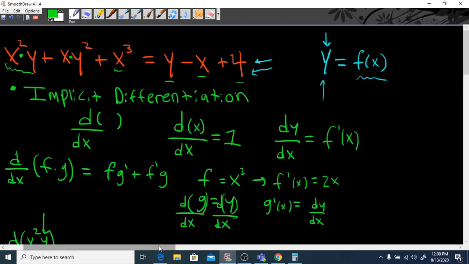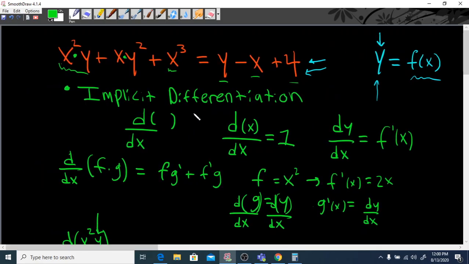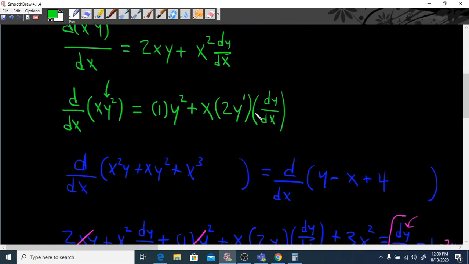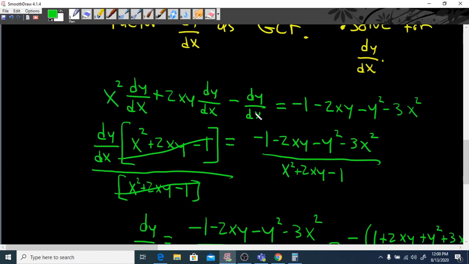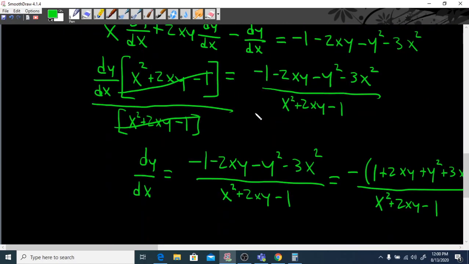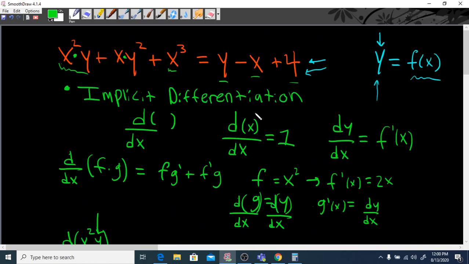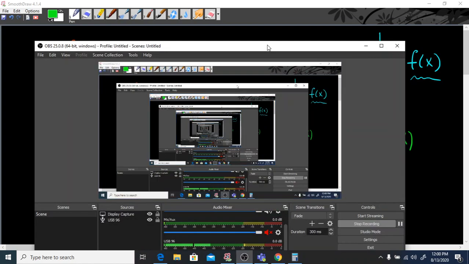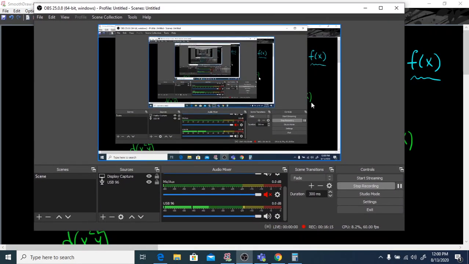This is how we take the derivative of something where y is not solved for directly. So yeah, there we go. I think I'll probably do some more examples of this as well. So there's that. Blair out.